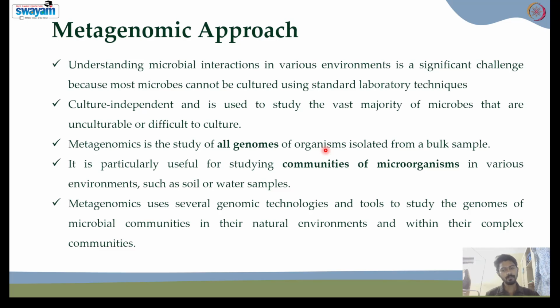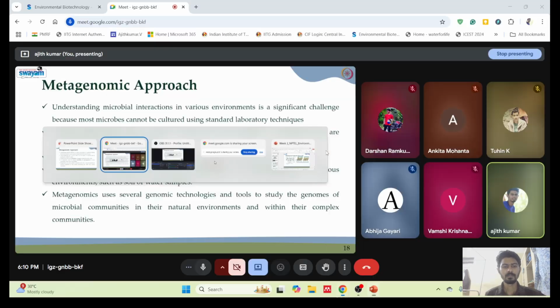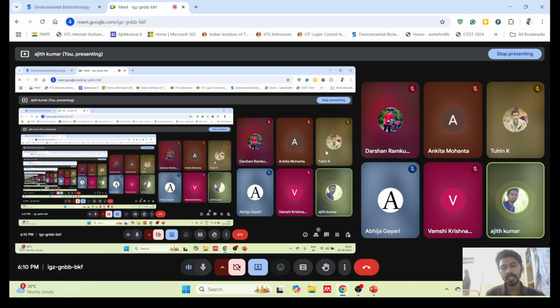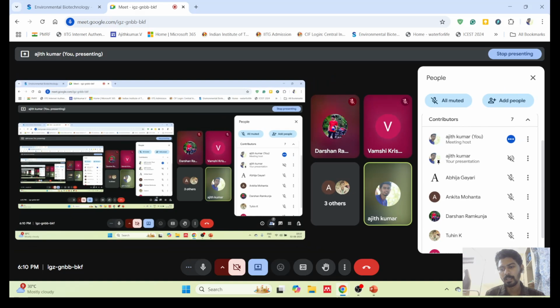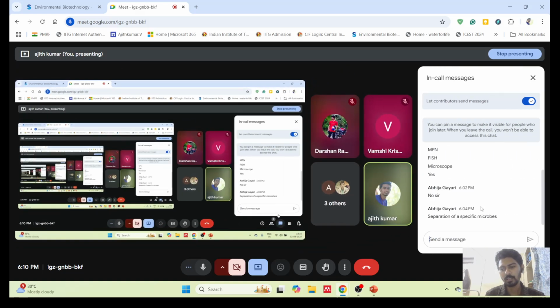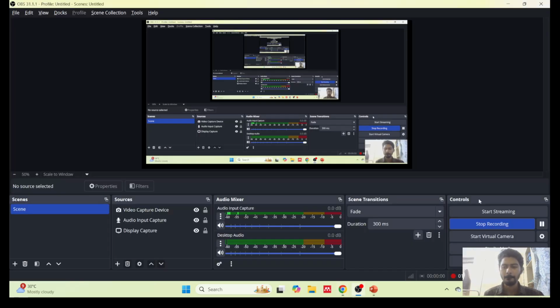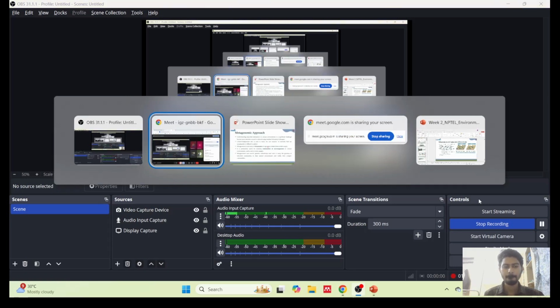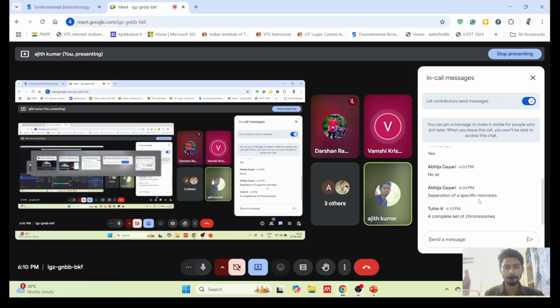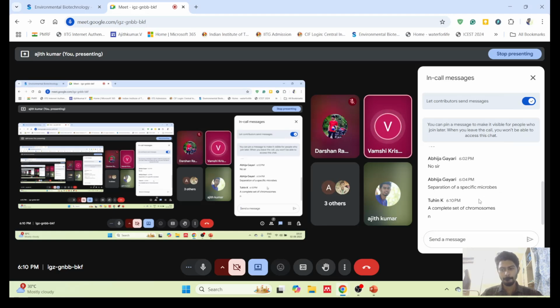What do you mean by genome? Anyone? What do you mean by the term genome? Genome refers to a complete study of genetic chromosomal aberrations... yes, genomic.